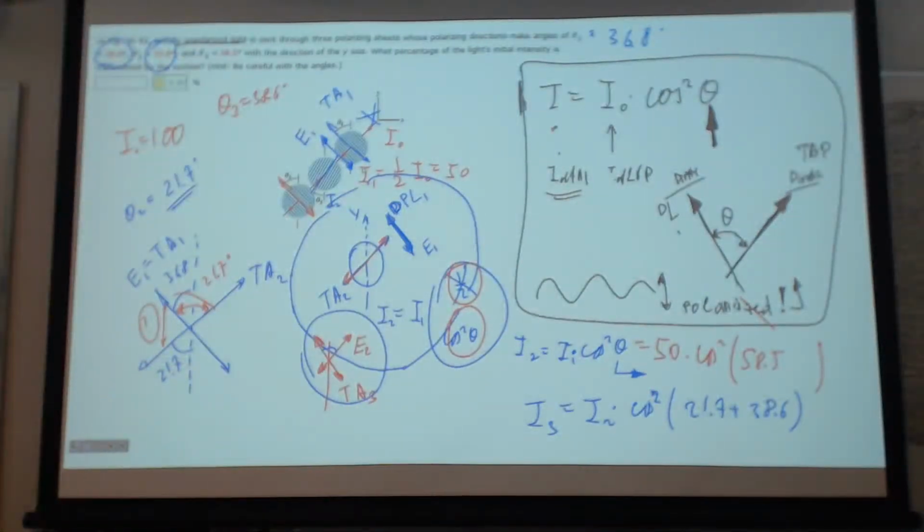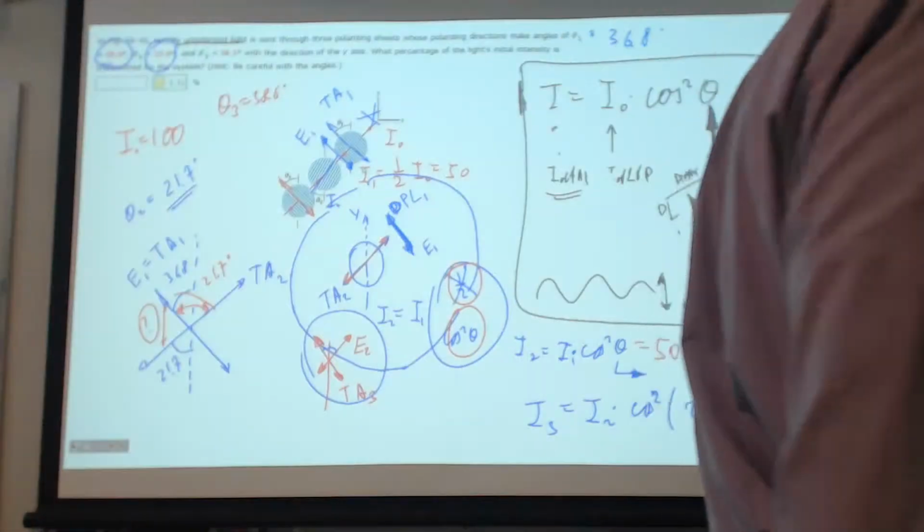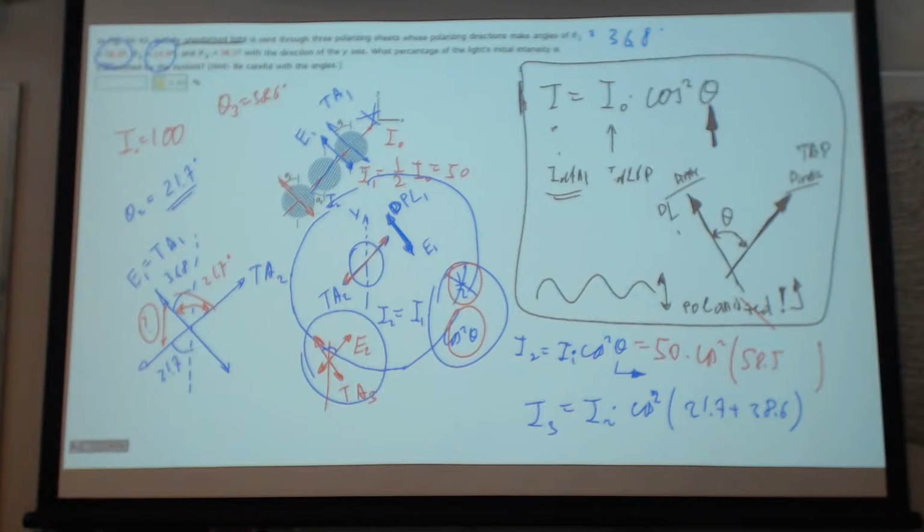So I got I3 to be 3.351. Let's hope it is a correct answer. You should try it. And what does WebAssign say? Doing it right now. That was right. Yeah.